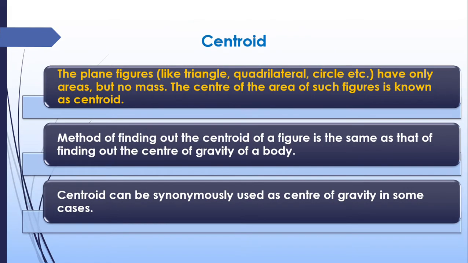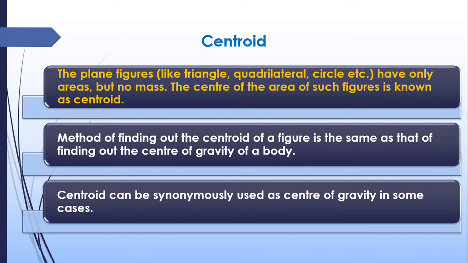Another related term is centroid. We have already talked about bodies which have weight. There are some plane figures which have no weight, just plain, very little weight, like triangle, quadrilateral, circle, etc. In that case, there is no mass, so they have only area.